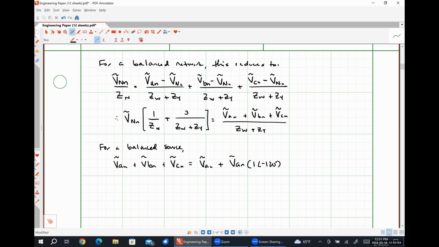It's just shifted by negative 120 degrees. And similarly, our C phase can be represented by VAN times 1 angle negative 240 degrees.